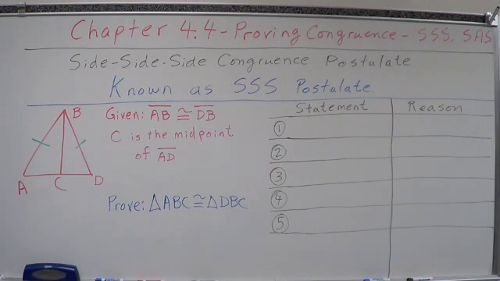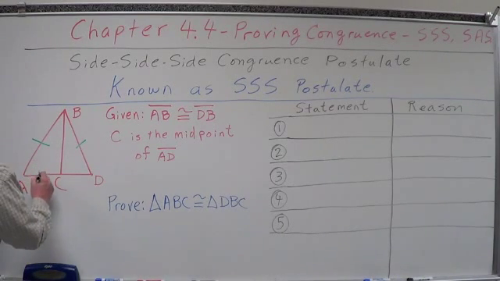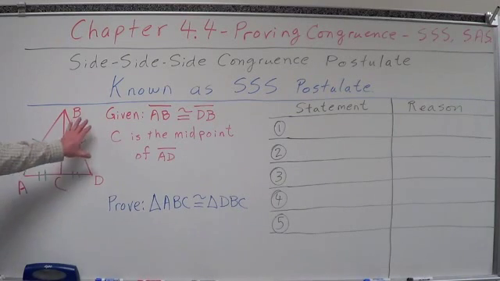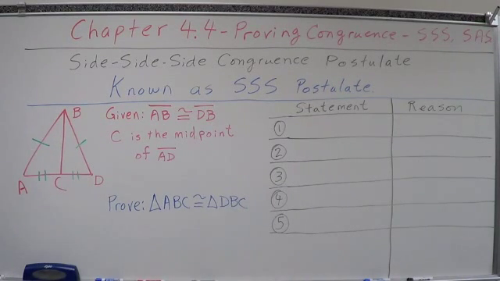It's a segment bisector. Anything that is a segment bisector cuts it in half and creates 2 equal or congruent pieces. So C cuts segment AD in half and creates 2 congruent segments, and those congruent segments are right there.